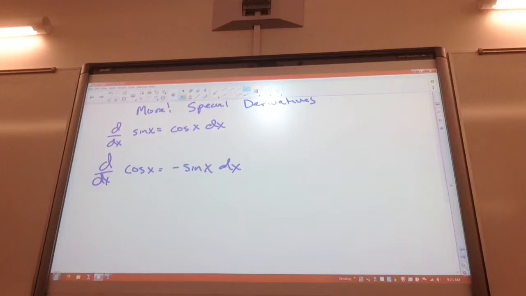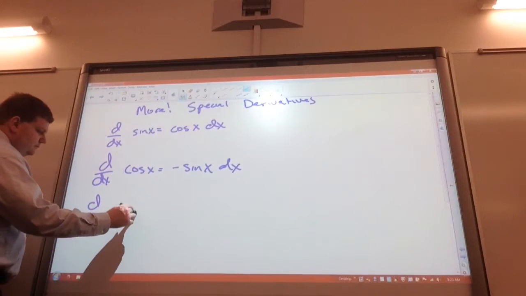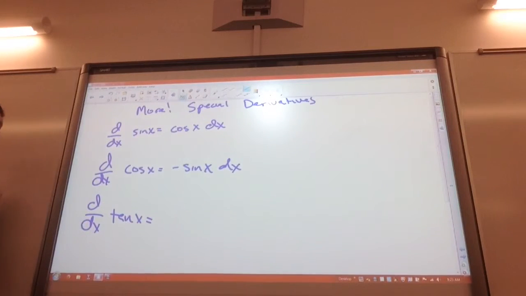I can actually derive the derivatives of all of them right now because I know the quotient rule. For example, if I wanted the derivative of the tangent of x, well, what's the tangent? It's sine divided by cosine. So I could take the sine divided by the cosine, apply the quotient rule, and get the derivative that way.